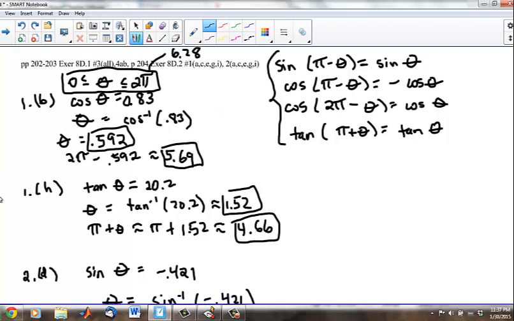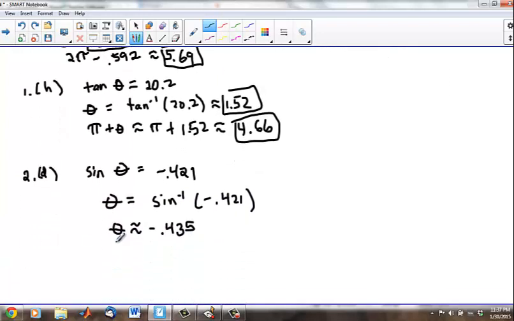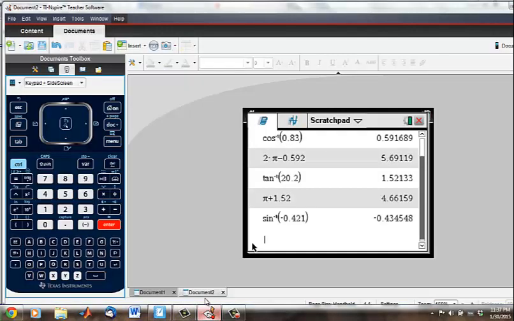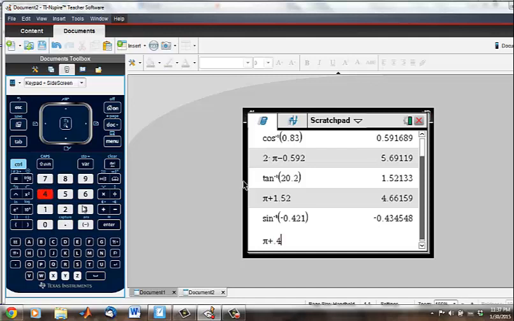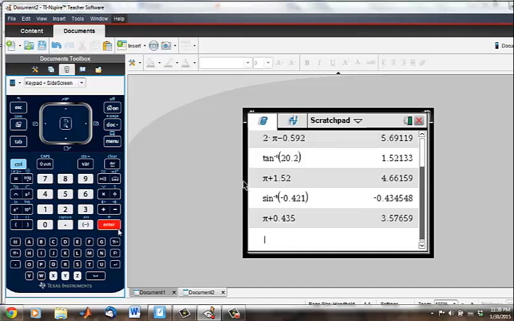And so pi minus theta is approximately pi minus negative 0.435. Pi minus negative is the same thing as plus, so pi plus 0.435, enter, 3.58.